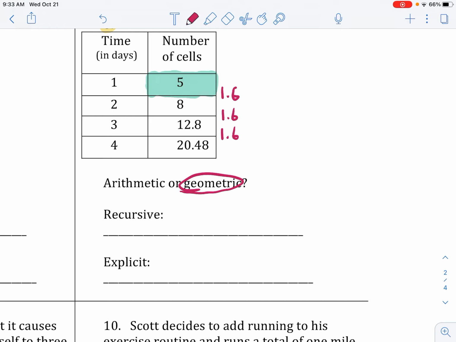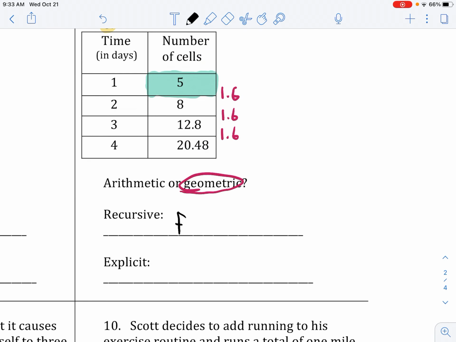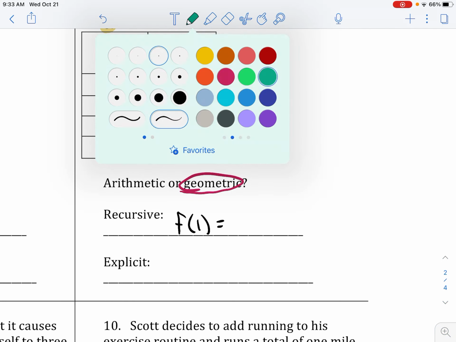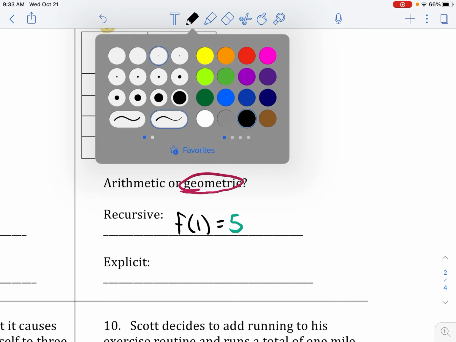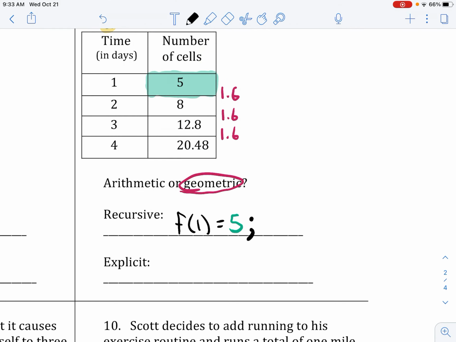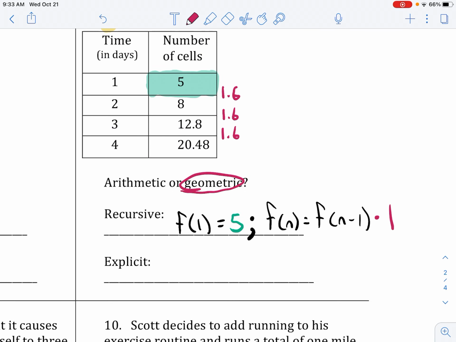So my equation for recursive is going to be f of 1 equals 5. And then my action, my recursive equation, f of n equals f of n minus 1. My action is times 1.6, sorry.